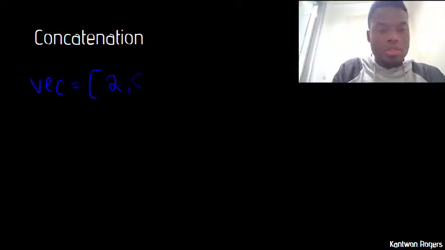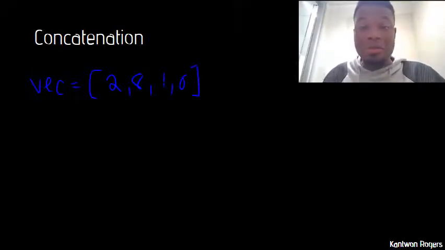When we created a vector 2, 8, 1, and 0 using the direct entry method, we were concatenating together 4 different values. So the direct entry method is a form of concatenation, and concatenation is done inside of square brackets.